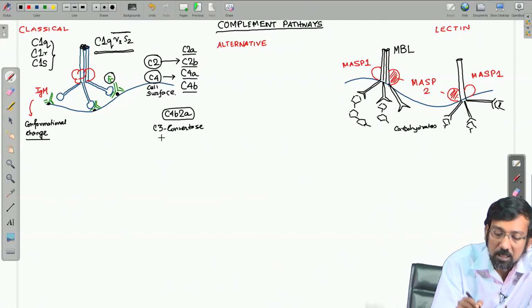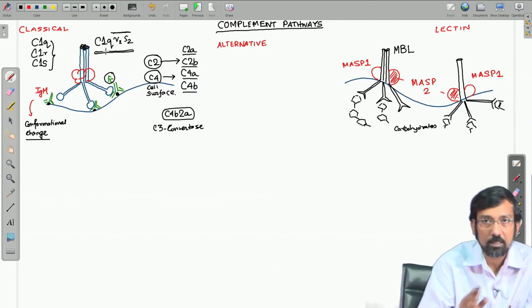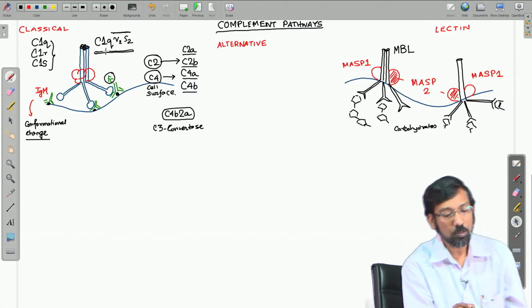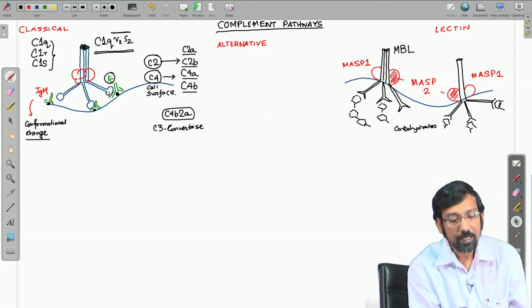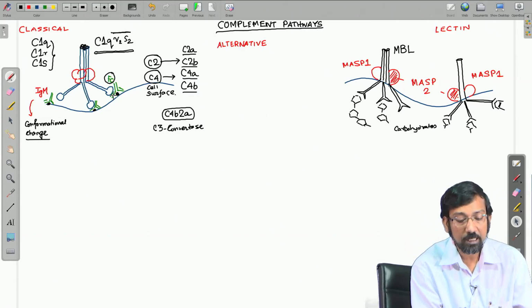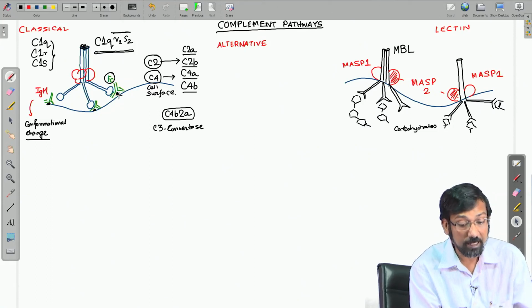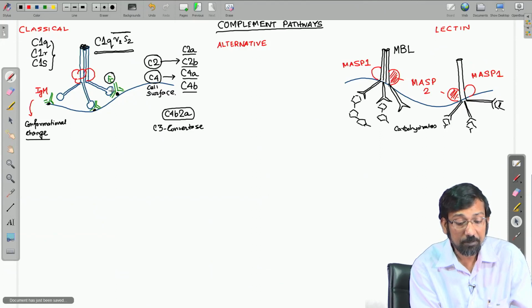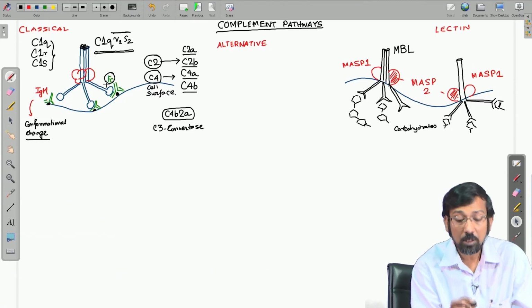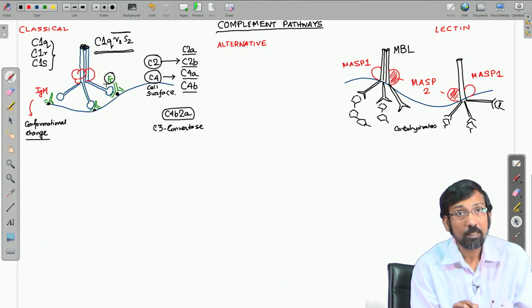So, what happens? The C1q R2S2, that is the C1 complement protein, binds to the Fc region of the antibody after there is an antigen antibody interaction. This Fc region binds to the C1q, that leads to activation of the C1, leading to cleavage of C2 and C4.